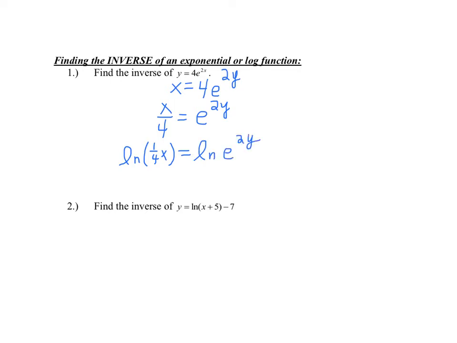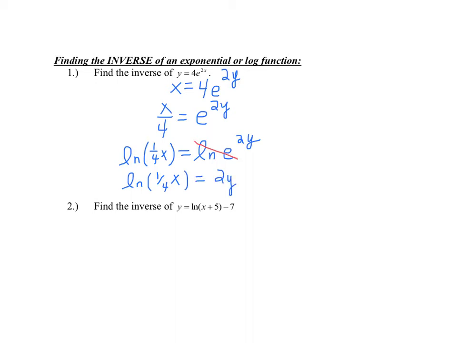So we're taking a natural log of each side so that this e will be dropped, and now we're left with the natural log of 1/4 x equals 2 times y.